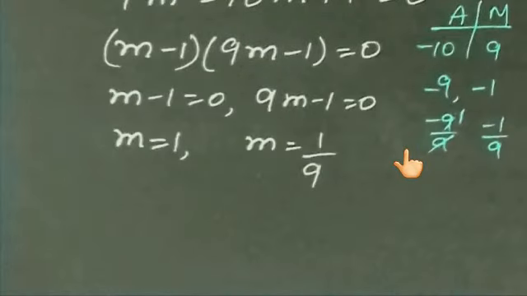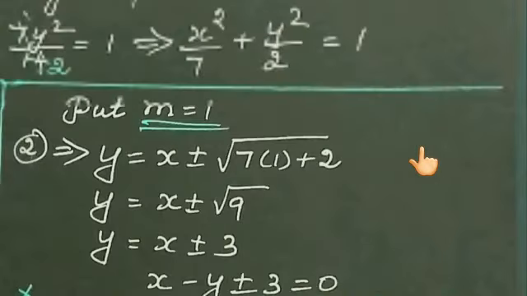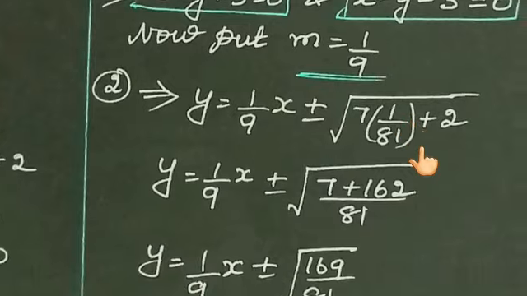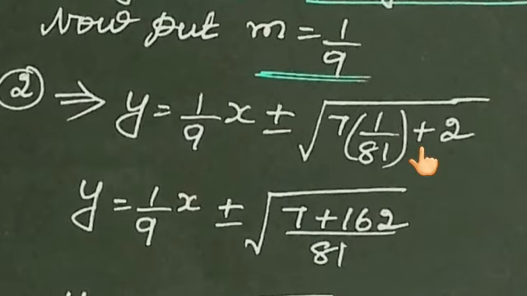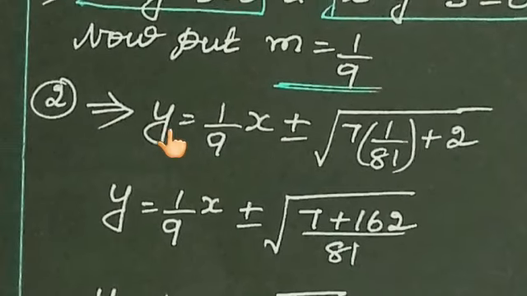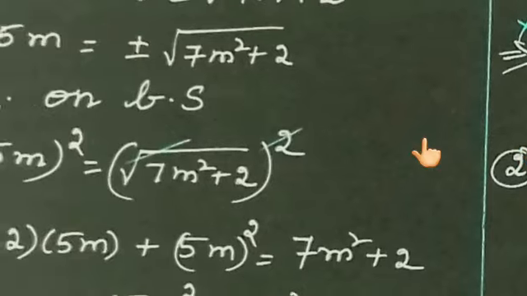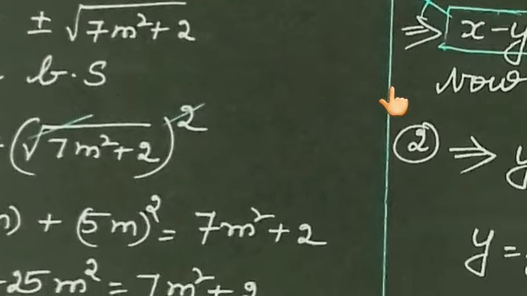And one more value we have to substitute in equation 2. We substituted m is equal to 1 only. Let us substitute m is equal to 1 by 9. Now substitute m is equal to 1 by 9 in equation 2. What was in equation 2? Y is equal to mx plus or minus root of 7m square plus 2. Here we are going to substitute the m value.